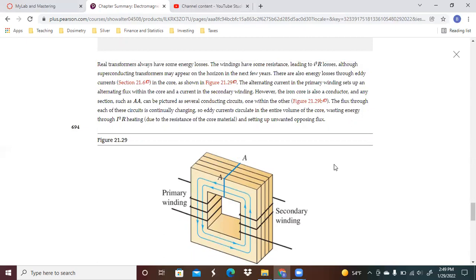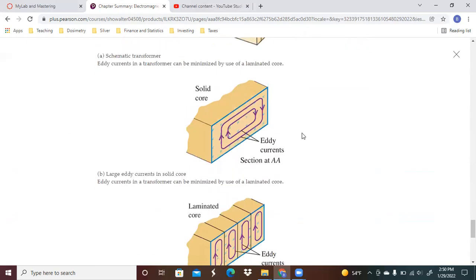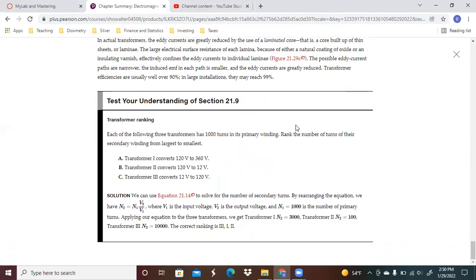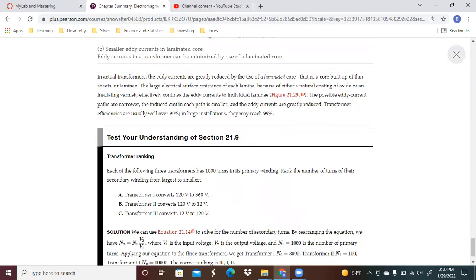But that iron core is also a conductor, and any section such as A can be pictured as having several conducting circuits, one within the other. The flux of these circuits is continually changing, so eddy currents circulate in the entire volume of the core, wasting energy through heat. So that gives you a basic idea of transformers.